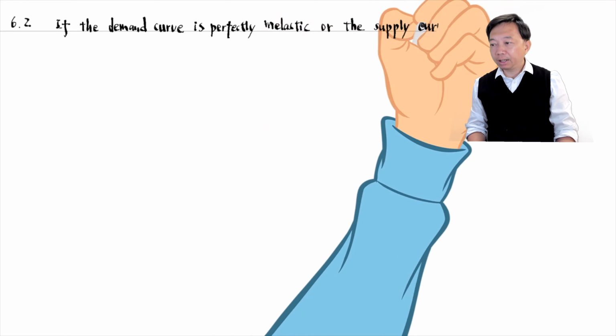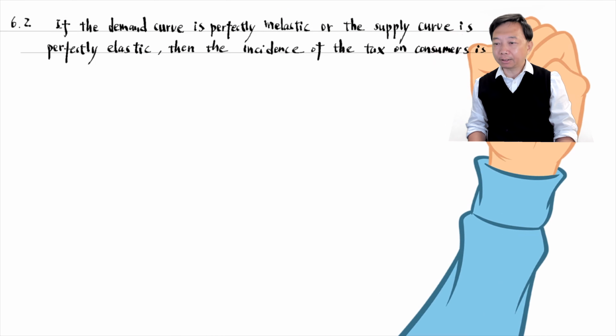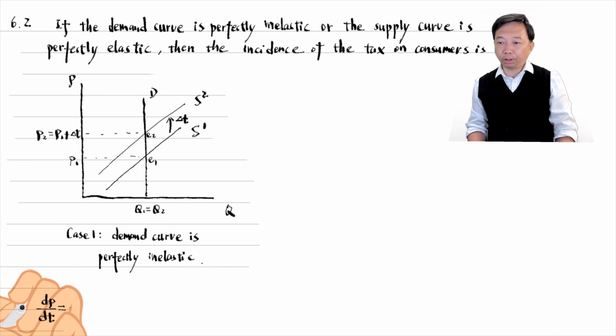In other words, if the demand curve is perfectly inelastic, or the supply curve is perfectly elastic, then the incidence of the tax on consumers is 1. We can also use the tax incidence on consumers formula to reach the same conclusion.